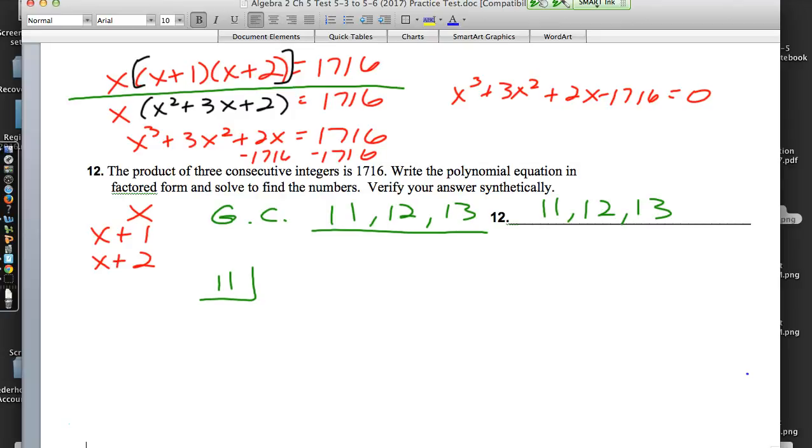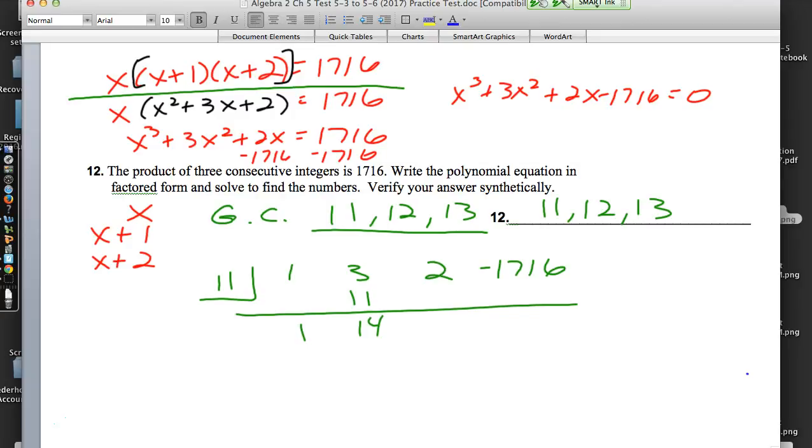So we go back up here and say, well, what's it supposed to work in? Well, the same one we had 0 for. 3, 2, 1, 0, they're all there. 1, 3, 2, and negative 1716. Might want a calculator for this one. Bring her down and multiply. Add.